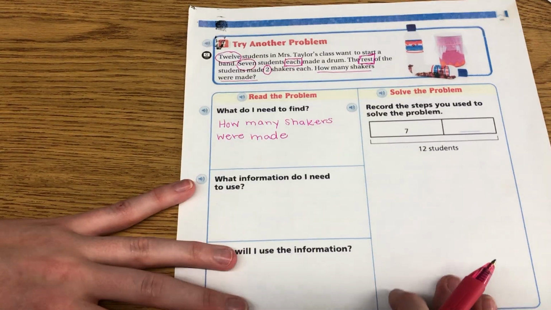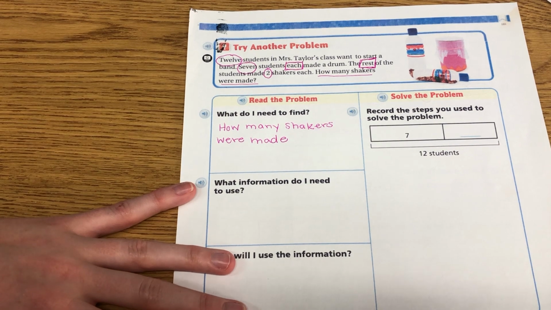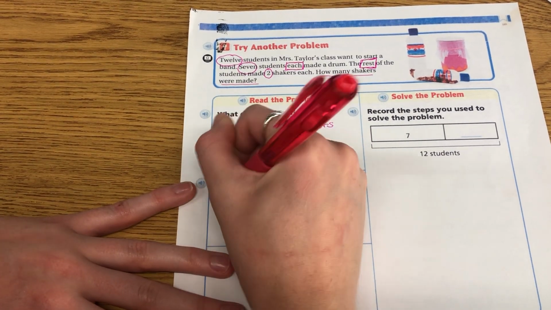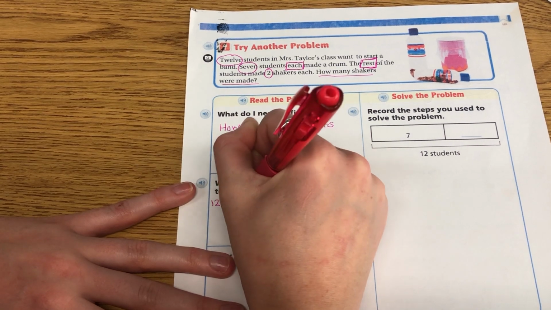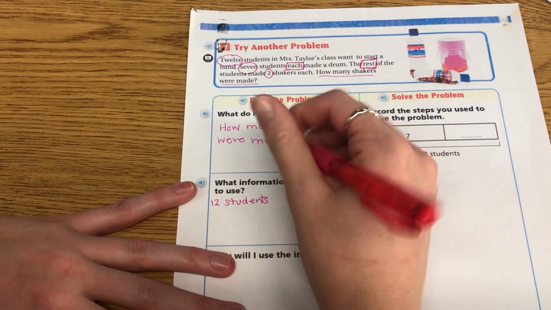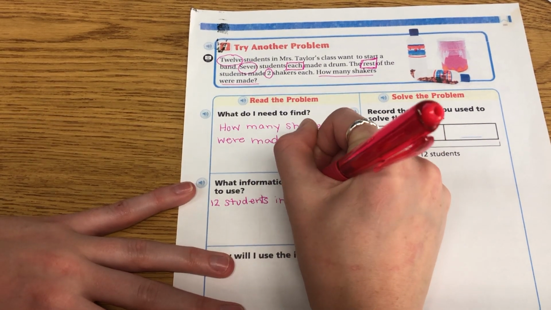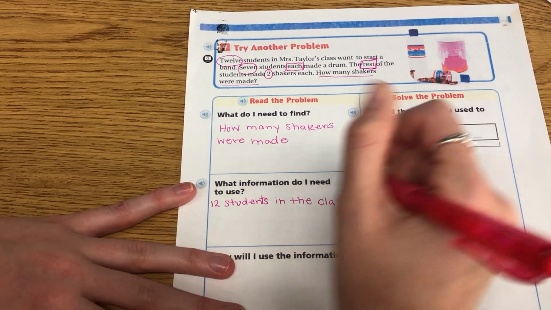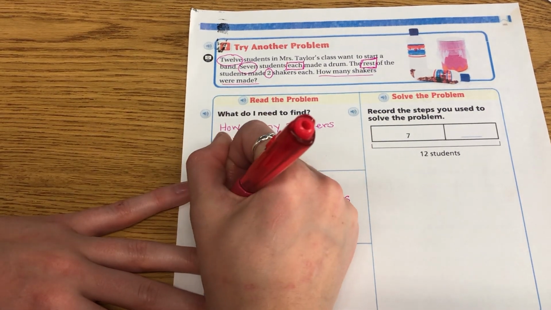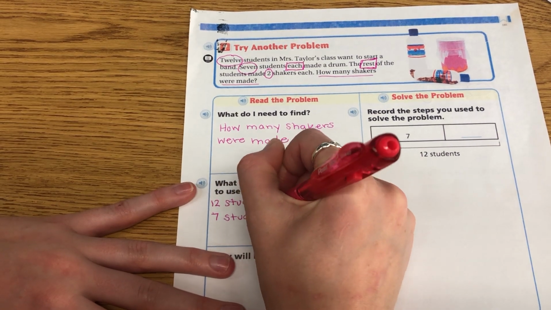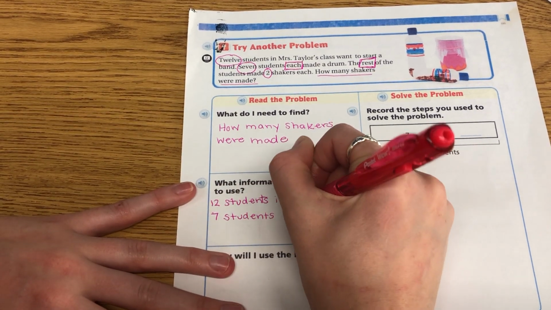Now, what information do we need to use? So, we need to use that there are 12 students in the class that want to start a band. We need to know that 7 students made a drum.